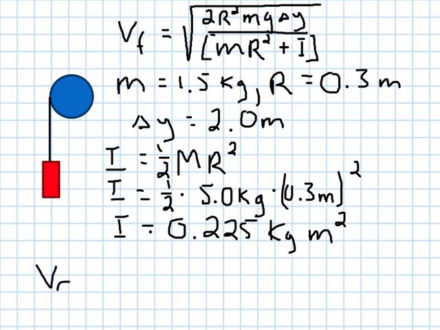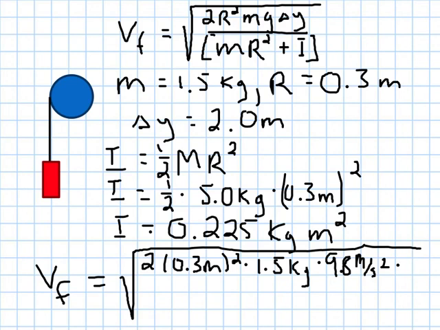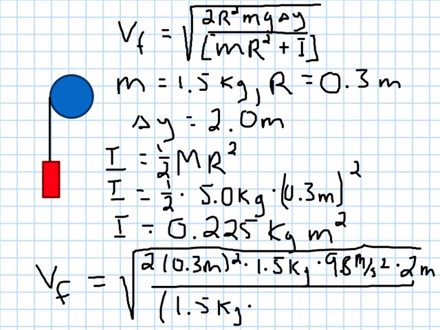So this means that v final is going to be equal to the square root, let's leave a lot of room, 2 times 0.3 meters squared times 1.5 kilograms times 9.8 meters per second squared times 2 meters, divided by 1.5 kilograms times 0.3 meters squared plus 0.225, and I'm not going to have room to write the units.